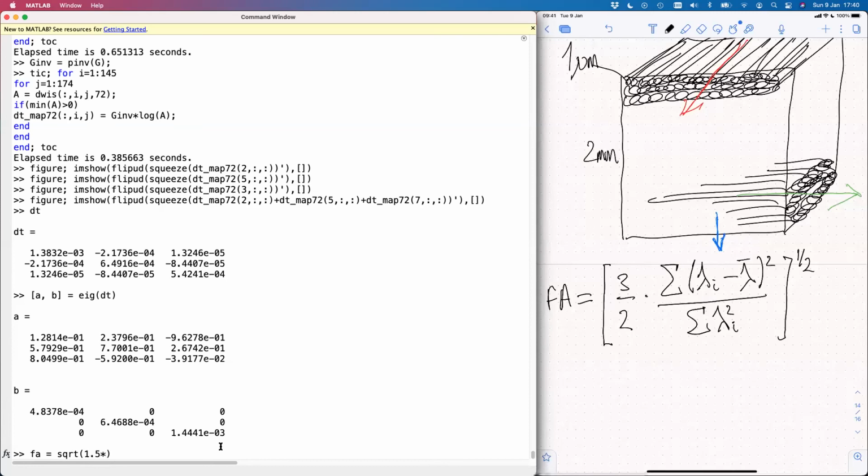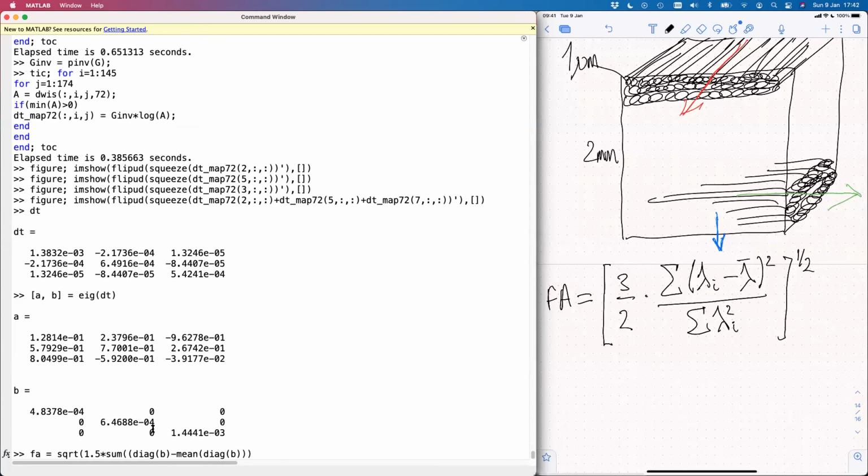That's going to be the sum of, now there's a function diag in MATLAB, which if you give it a matrix, I'm going to give it B, just pulls out the elements on the diagonal of that matrix. So that will give me the vector containing these three eigenvalues. And then I want to subtract from each of those the mean of diag B again.